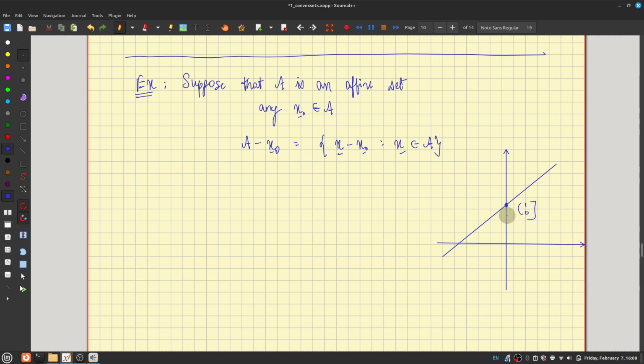What would this set be in this example? What special property does it have? It passes through the origin, or more importantly, it's a subspace. The claim is that you take any affine set and any point from this affine set, if you shift it by minus x naught, then this new set will always be a subspace.